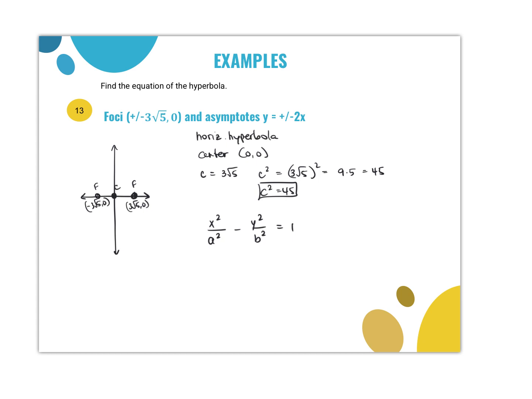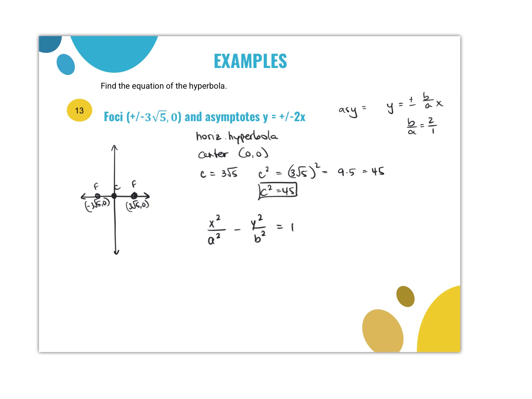Well, in a horizontal hyperbola, I know that the asymptote is always y equals positive and negative b over a x. So I know b over a here is equal to 2 over 1. But once again, I don't really know if that's a simplified version, right? Is b really 2 and a 1, or is b 20 and a is 10? And it doesn't matter. So I am going to need to figure that one out.